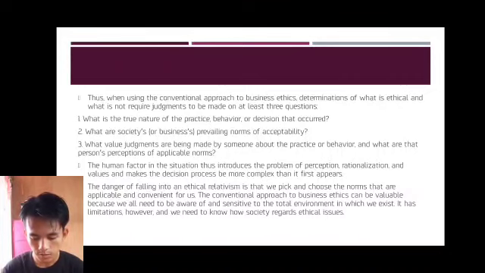determination of what is ethical and what is not requires judgments to be made on at least three questions. Number 1. What is the true nature of the practice, behavior, or decision that occurs? 2.